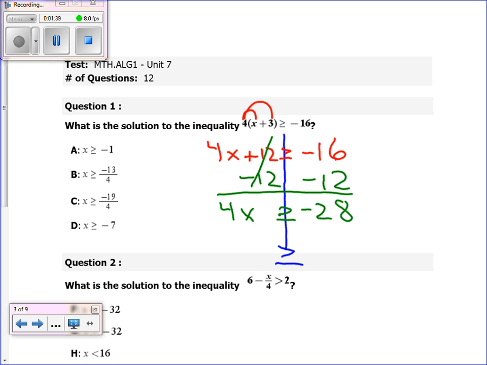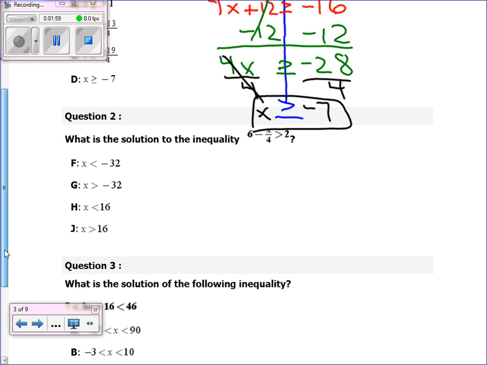So that negative 28 is not affecting us at all. And our final answer is that x is greater than or equal to negative 7. So our final choice is answer D.